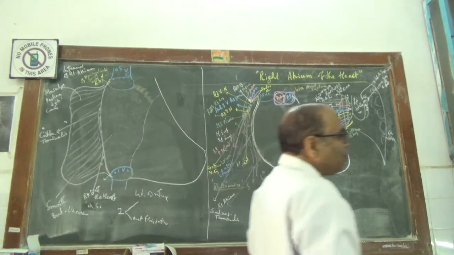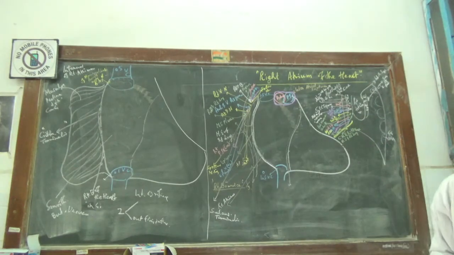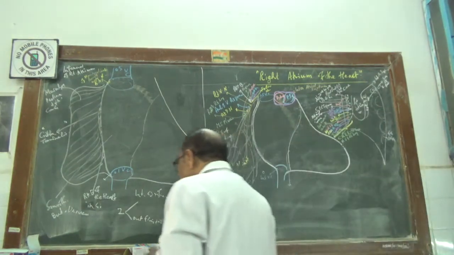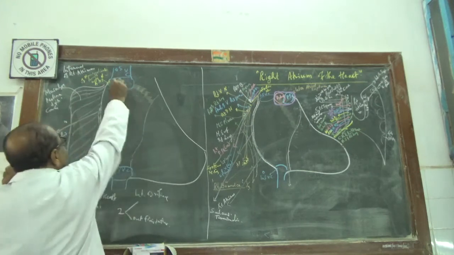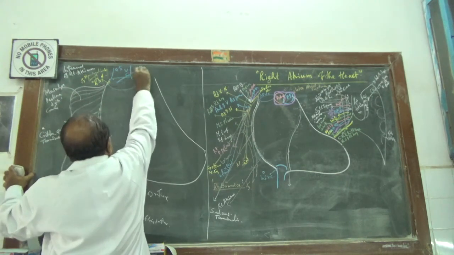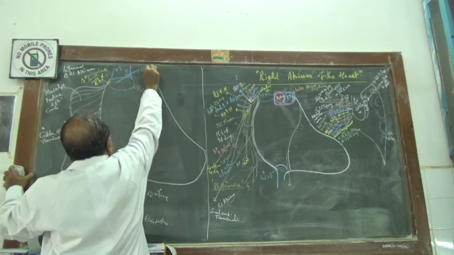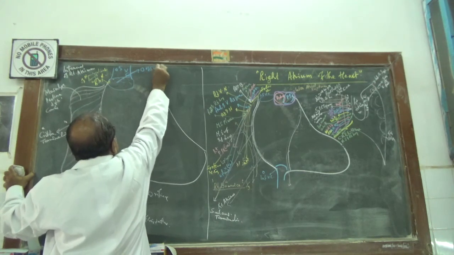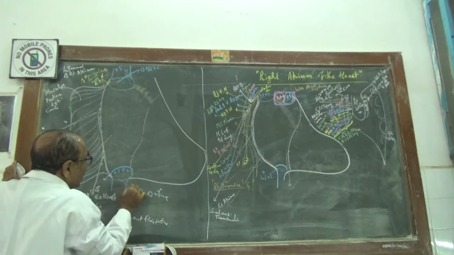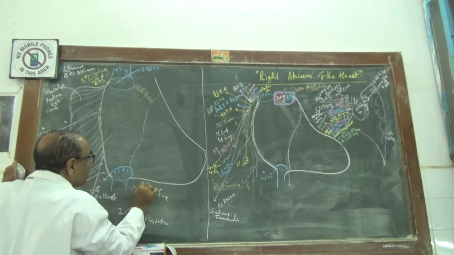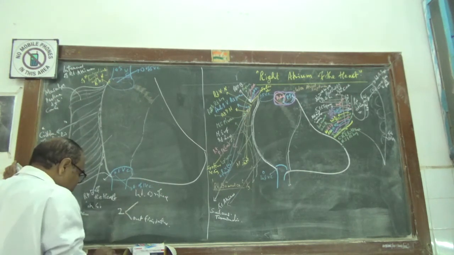Now, what are the inflowing orifices of the right atrium? The first is the orifice of the superior vena cava and the orifice of the inferior vena cava.